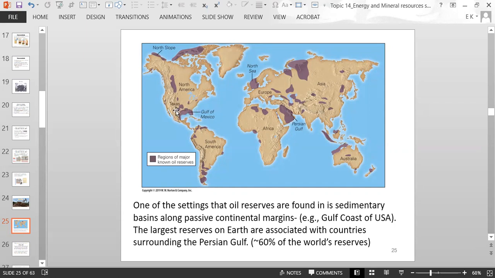Okay, we have a large reserve of oil just offshore in the Gulf of Mexico. Also in Texas, you have quite a lot of oil reserves historically. The largest reserves on Earth are associated with countries around the Persian Gulf. So 60% of the world's reserves are around the Persian Gulf.